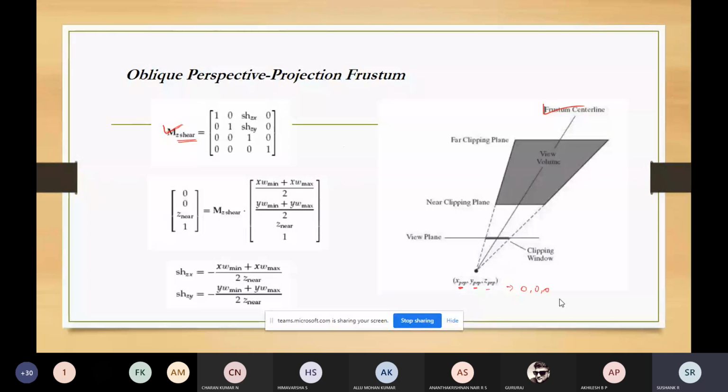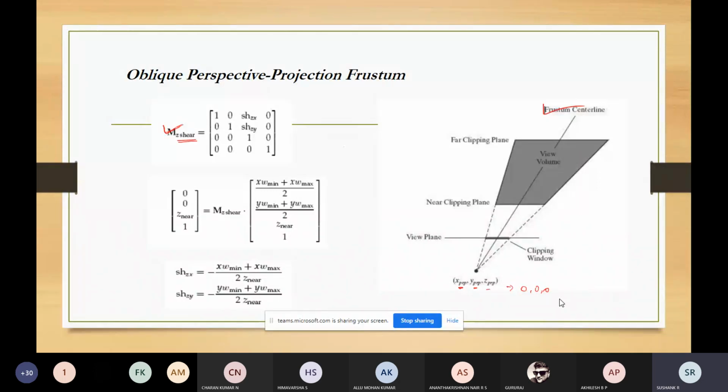The calculations get reduced if we take this projection reference point to be at the origin, and there will be no loss by translating all the coordinate positions in the scene with respect to our selected projection reference point, by taking it to the coordinate origin. So this is how it can be done.